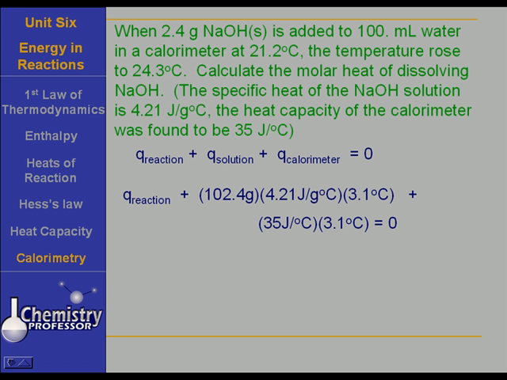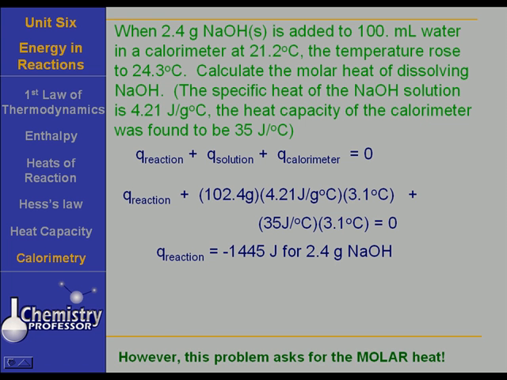So it's going to absorb that heat, the heat that comes from that product right there, has got to equal 0. So Q for the reaction is equal to minus 1,445 joules for 2.4 grams of sodium hydroxide.